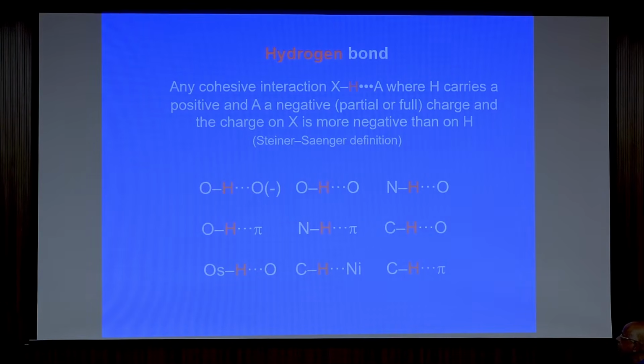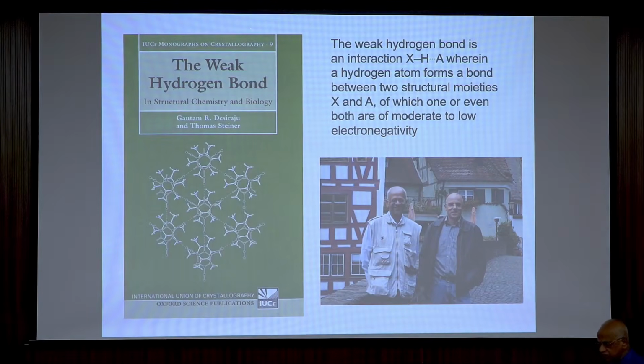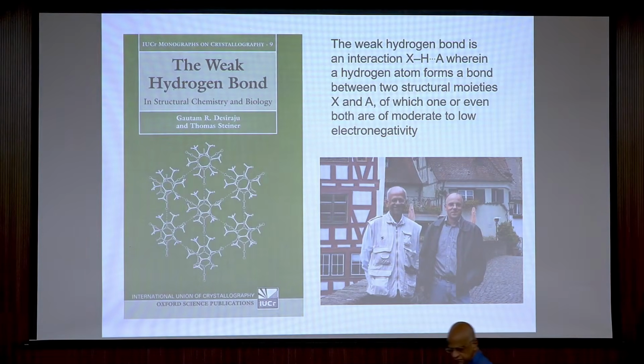So this fellow Steiner was a young postdoc with Wolfram Saenger, who was an experienced hand in hydrogen bonding. So he and I got together and we wrote this now famous book, The Weak Hydrogen Bond in Structural Chemistry and Biology.